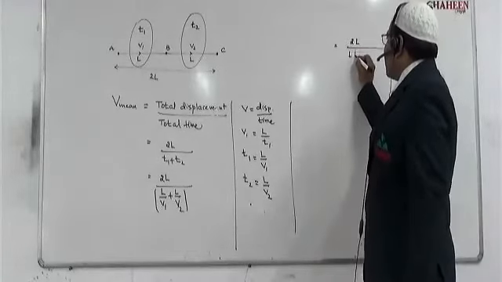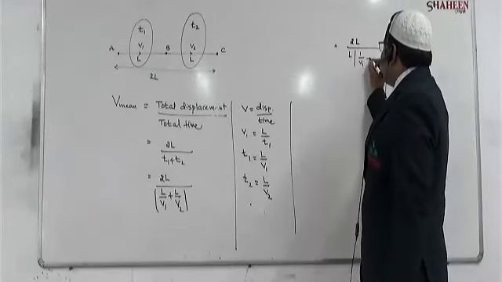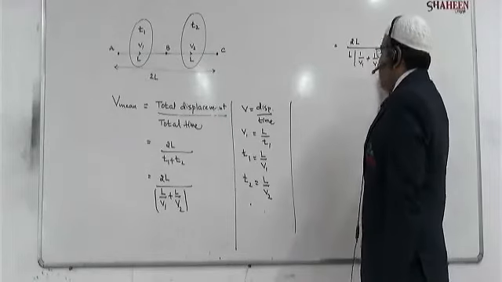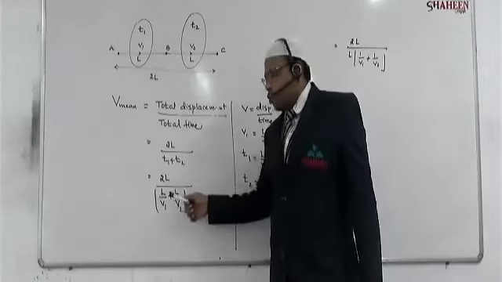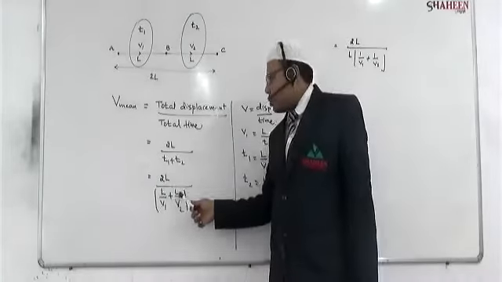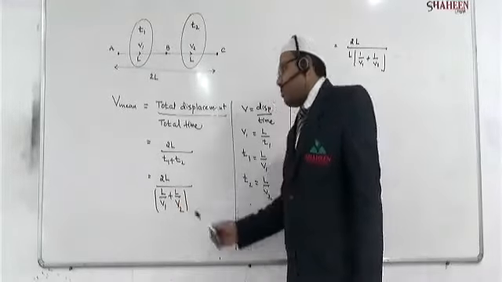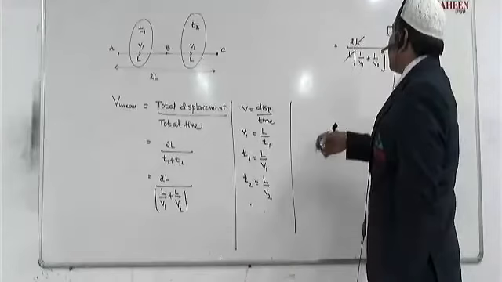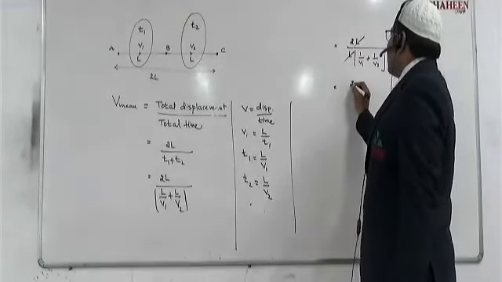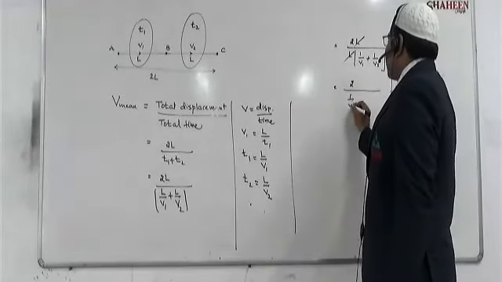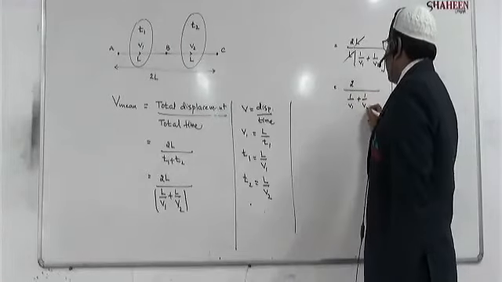So if I take L common, it becomes 1 by V1 plus 1 by V2. This L and this L will get cancelled. So 2 by, what is left out? 1 by V1 plus 1 by V2.